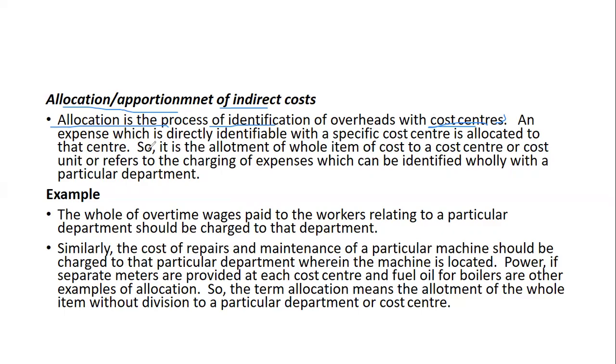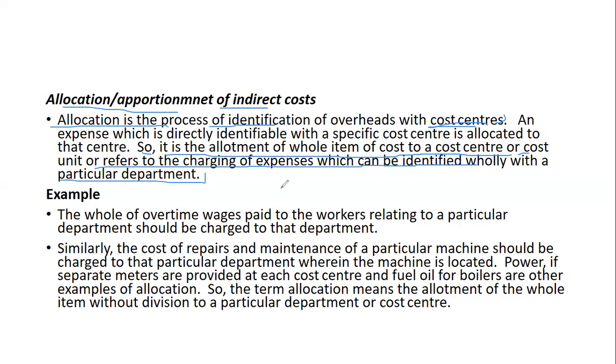Now, if you look at what we're told here, it is the apportionment of a whole item of cost to a cost center or cost unit, or refers to the charging of expenses which can be identified wholly with a particular department.